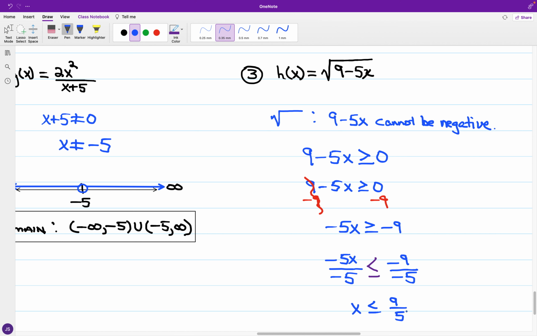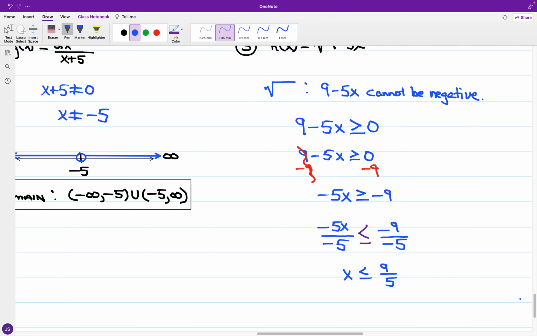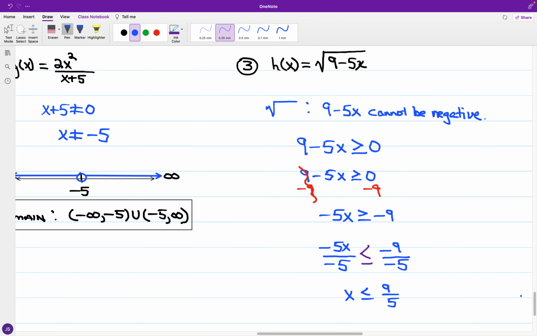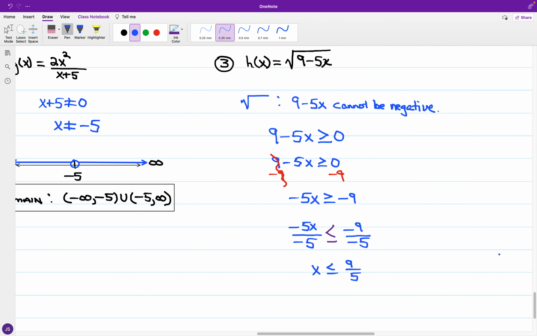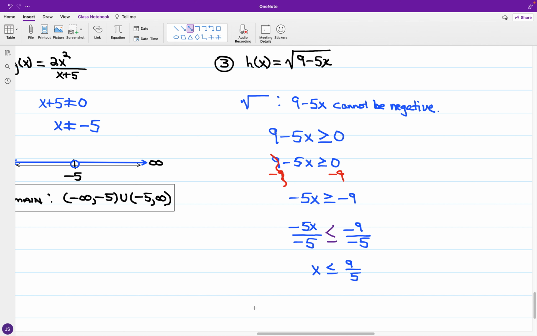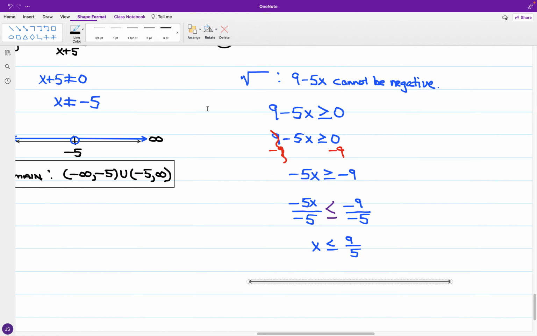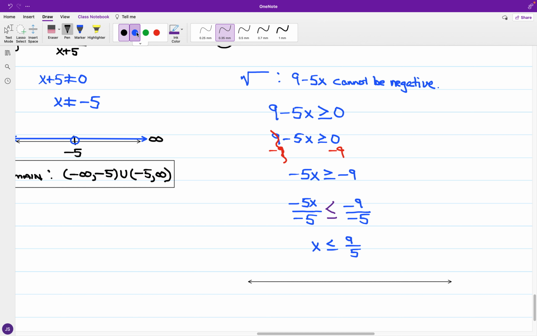So you have that x is less than or equal to 9/5. You can also write that as x is less than or equal to 1.8. And in terms of the domain, you can also write that as x is less than or equal to 1.8.